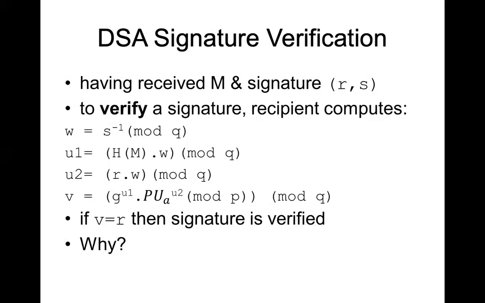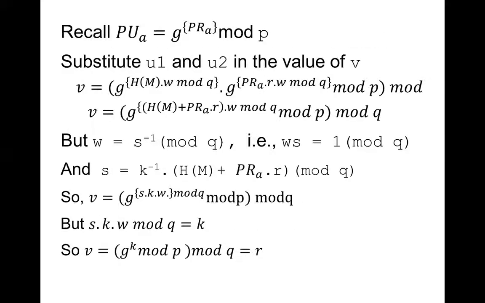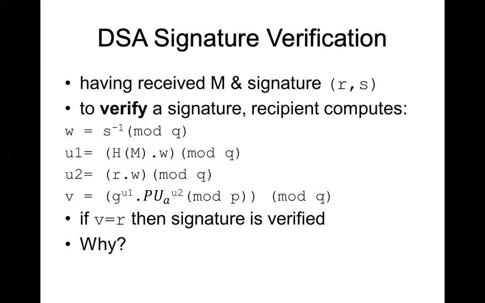Okay, fairly complex construction, but in fact, you can verify for yourself that the proof goes through. So let's just see why V should be equal to R. You know that the public key PUA is nothing but G to the power of PRA mod P. Okay, so you substitute U1 and U2 from the previous slide into the value of V. What do you get?